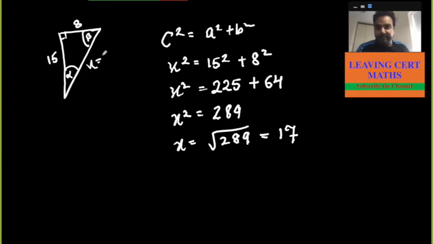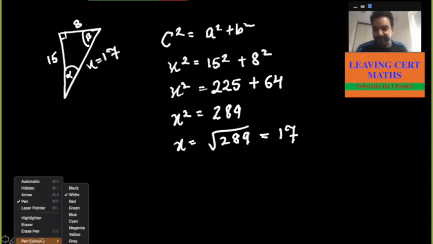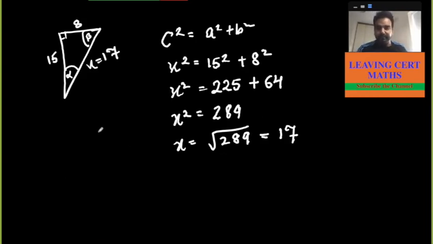So this is your 17, right? Then for alpha, or to find the two angles, I'm going to start with the sine. Sine is opposite over hypotenuse.